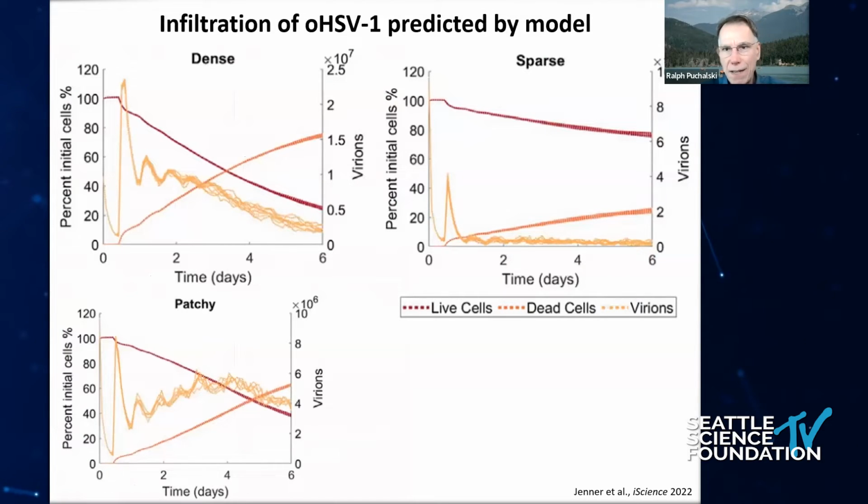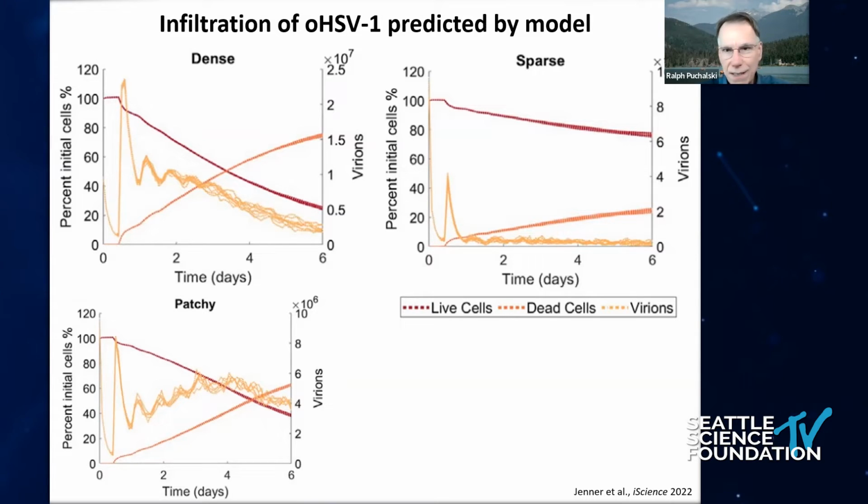So this schematic shows simulations of the computational model for the fully dense sample over here on the upper left, or the sparse sample on the upper right, or the patchy simulation, which is on the lower left. And live cells are denoted in a darker red dotted line, and dead cells in a darker orange, and virion particles in the lighter yellow or the lighter orange.